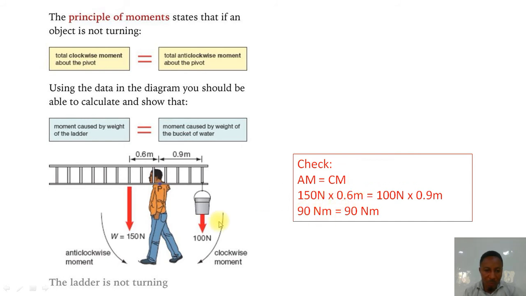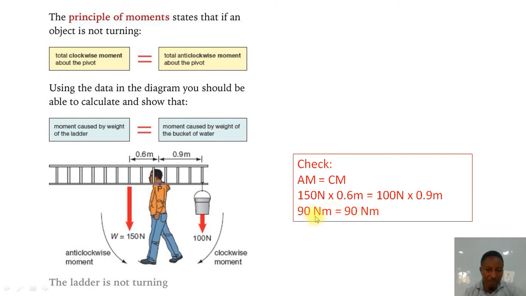If you substitute 150 by 0.6, remember moment is force times distance, perpendicular distance, and you do the same thing on the clockwise side, the right hand side, 100 times 0.9, you observe that the values are going to be the same.